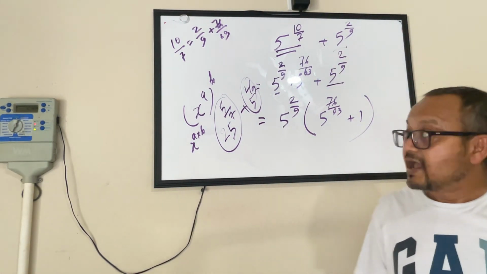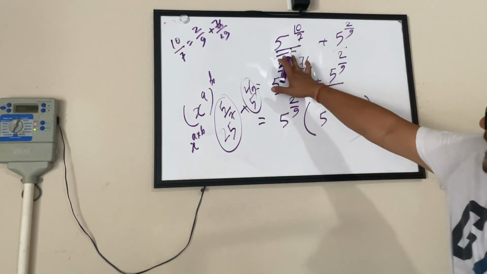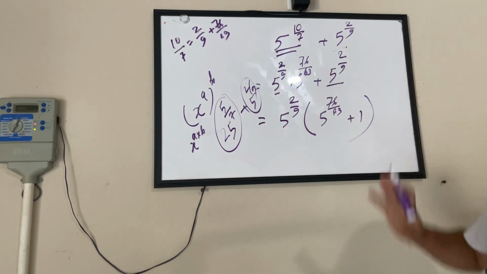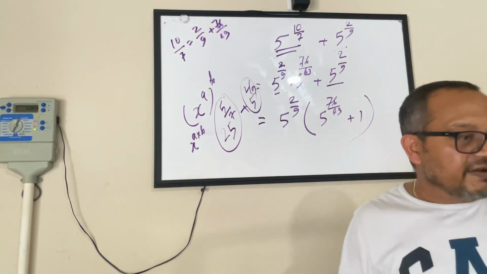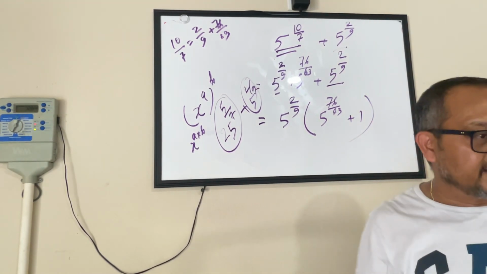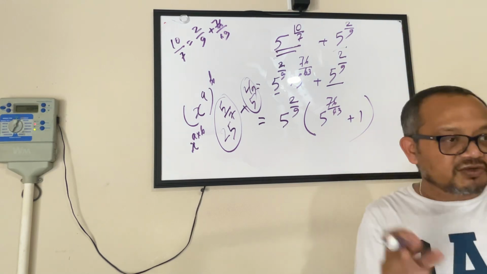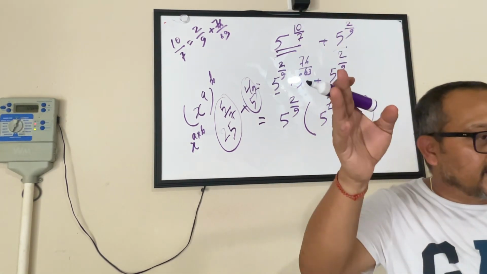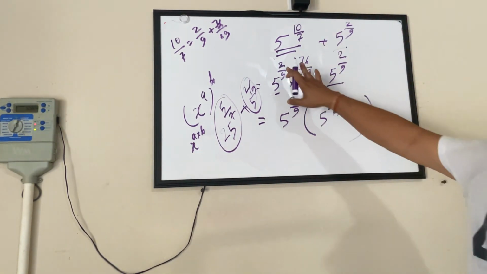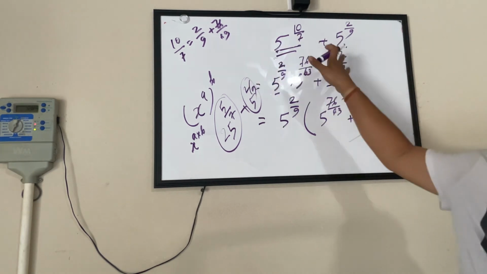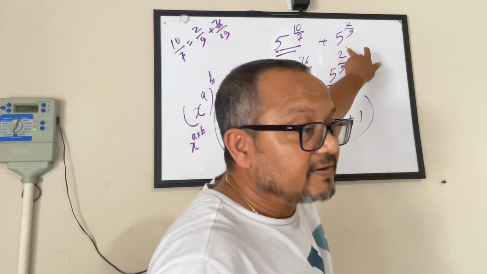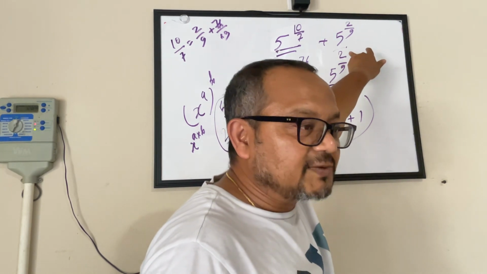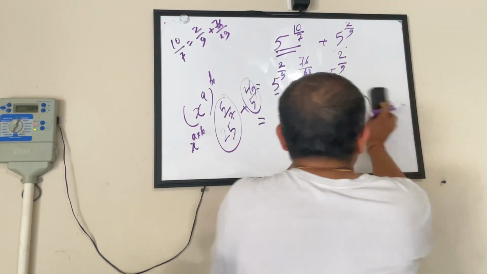Then I know that 5 to the power 10 by 7 and this one, there is no way I can add directly. When we multiply, the powers get added. When we divide, the powers get subtracted. When we do a power of power, the powers get multiplied. But here we are simply adding the exponents.